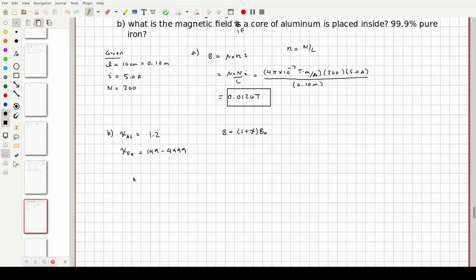So for aluminum, the act of placing a core of aluminum in the solenoid is basically like you multiplying the amount of field that's present by a factor of 2.2.